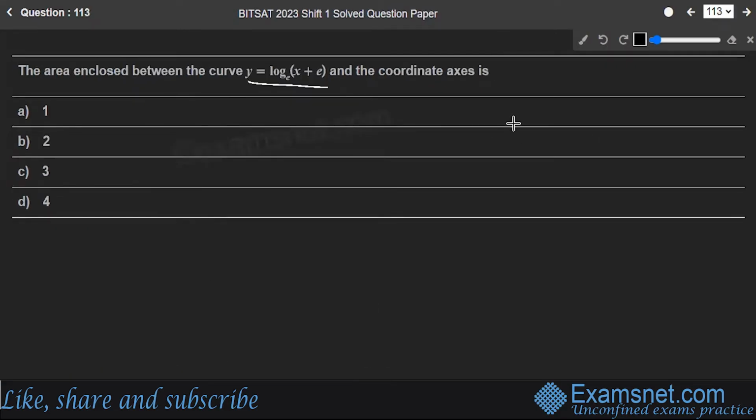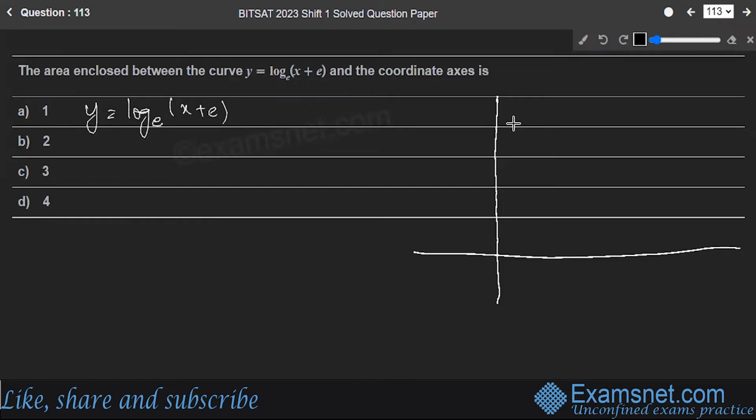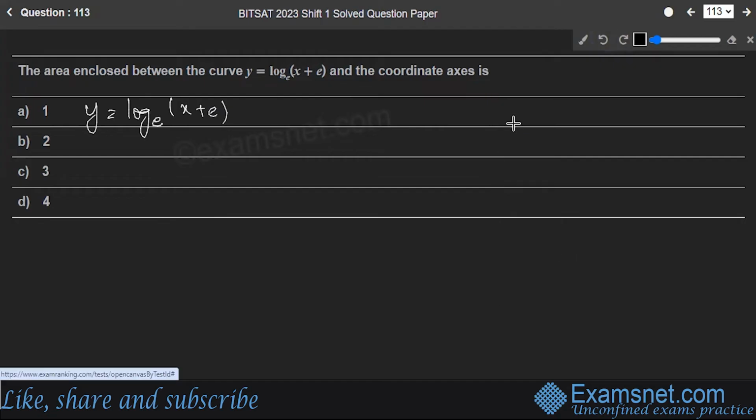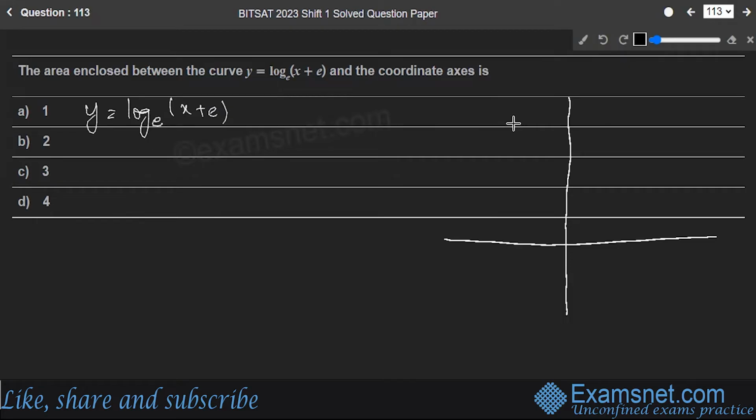The area enclosed by this curve and the coordinate axis is... Let's make the curve first. So you have this curve y equals log to the base e of (x plus e) and the coordinate axis. This is the coordinate axis, this is y and x-axis.